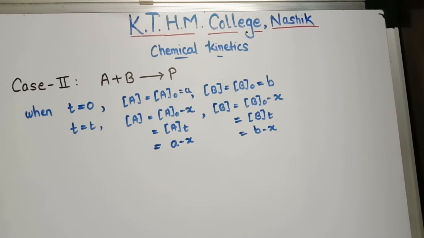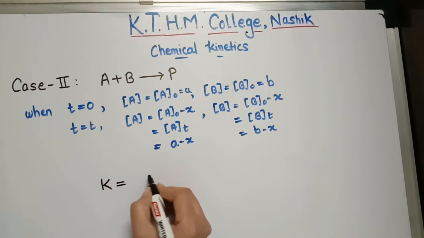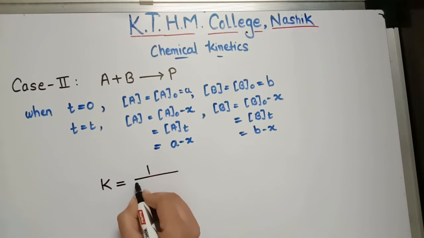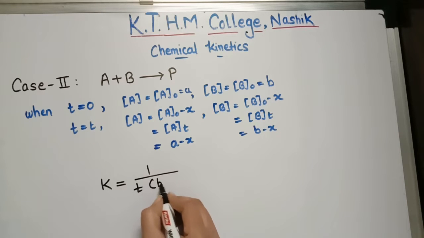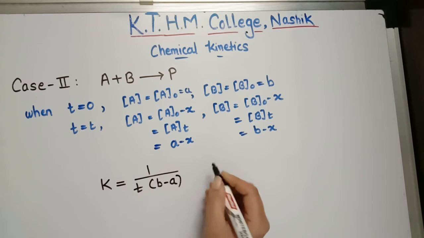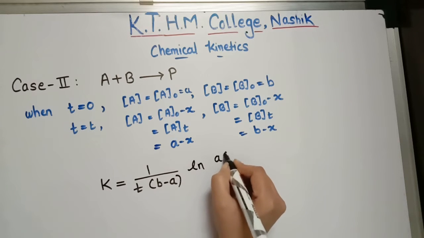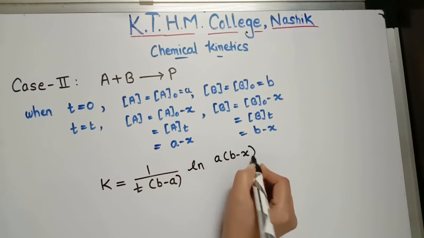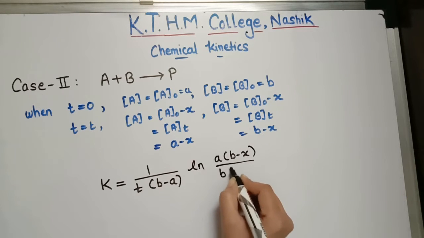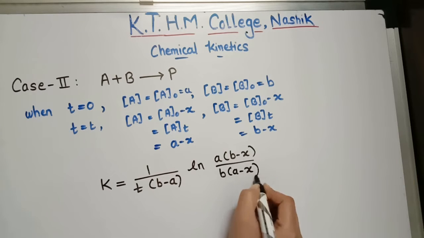So the integrated rate law, or the equation of rate constant, for the second case of second order reaction is like this: K is equal to 1 upon t(B minus A), ln of A(B minus x) upon B(A minus x).